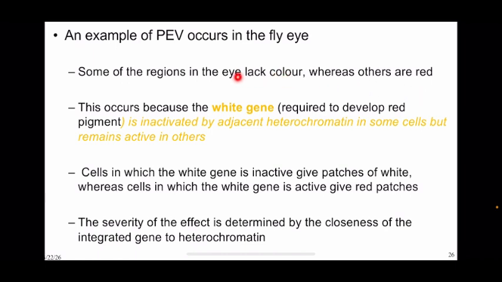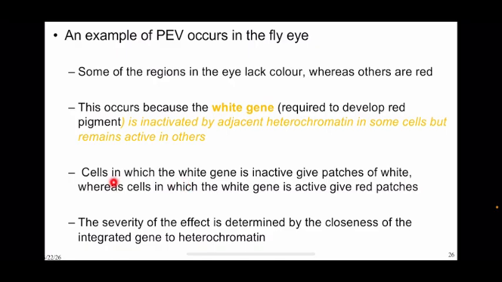So some regions will be colorless, and most of the colorless will show as white regions. This occurs because the gene that codes for the red pigment is called the white gene.